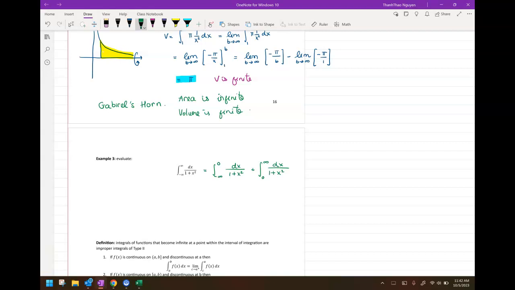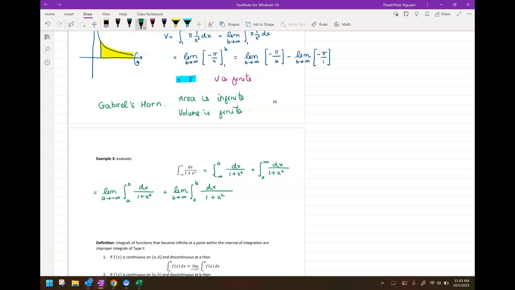This means I can rewrite it as the limit as a goes to negative infinity of the integral from a to 0 of dx over 1 plus x squared plus the limit as b goes to infinity of the integral from 0 to b of dx over 1 plus x squared.